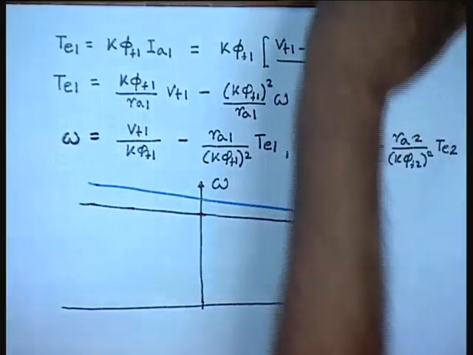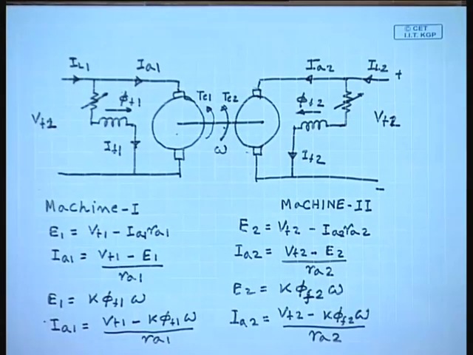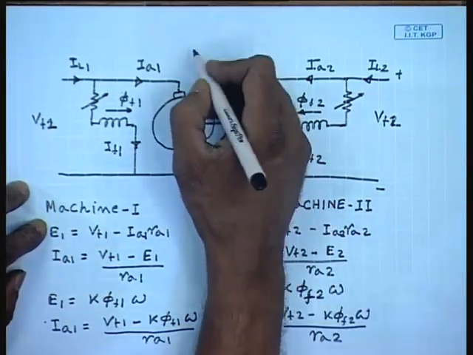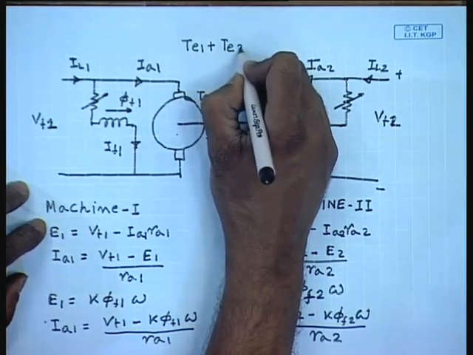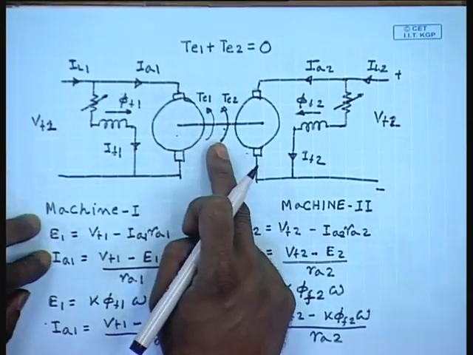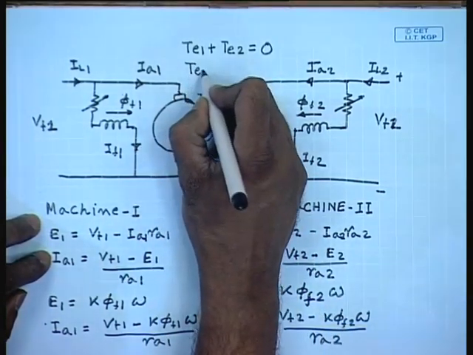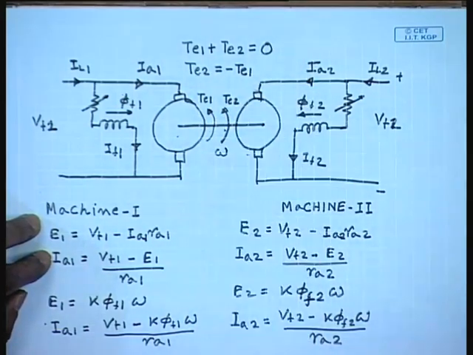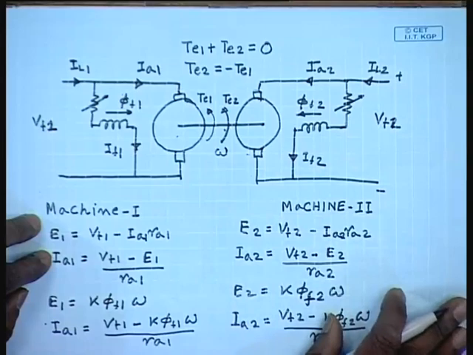Now, let us go back to the original arrangement. We see that the two motors are mechanically coupled. So, in steady state there should be no net shaft torque, that is, it is necessary that TE1 plus TE2 equals 0. The machine will operate at such a speed that TE1 plus TE2 equals 0, or in other words TE2 should be equal to minus TE1, or TE1 equals minus TE2.